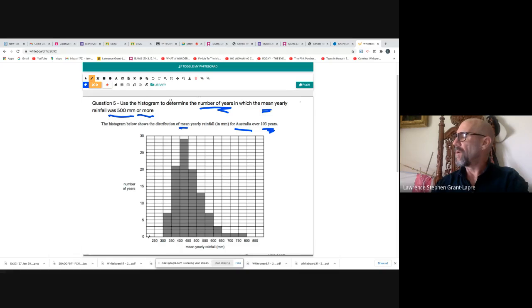So that is greater than or equal to 500. So we will go here and we count these years: 1, 2, 3, 4, 5, 6, 7, 8, 9, 10, 11, 12, 13, plus 7.